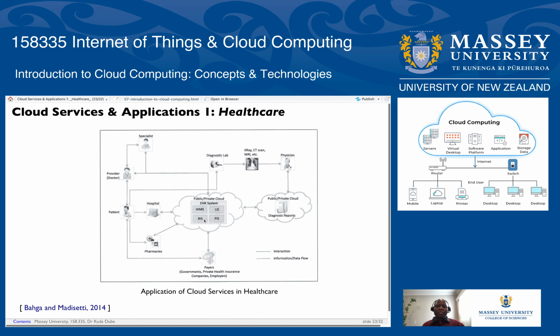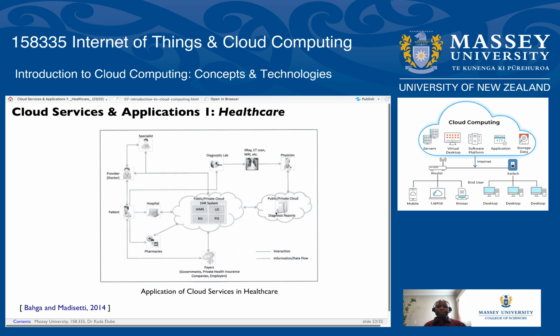The electronic health record consists of quite a number of elements, but the ones that are highlighted on this slide are the health information management system, the laboratory information system, radiology, and also ones that relate to, of course, patient information systems. Then we also can create a public-private cloud, which focuses basically on diagnosis reports.